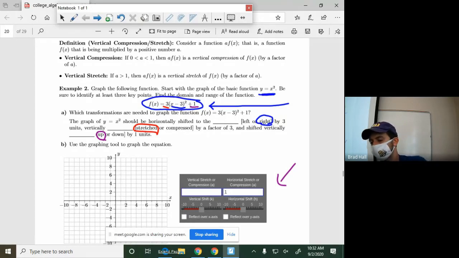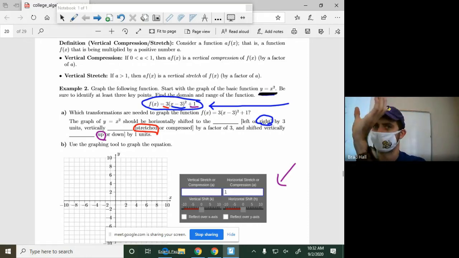So, if anything, what the shape is going to be, well, earlier, it told us that the basic function is y is equal to x squared. If you look at the library of functions, x squared looks like a cup in a sense. It's the one that looks like a cup. It's called a square function.